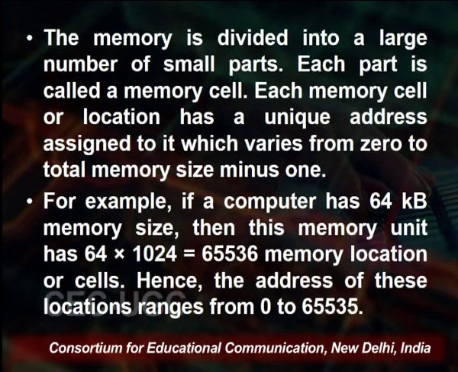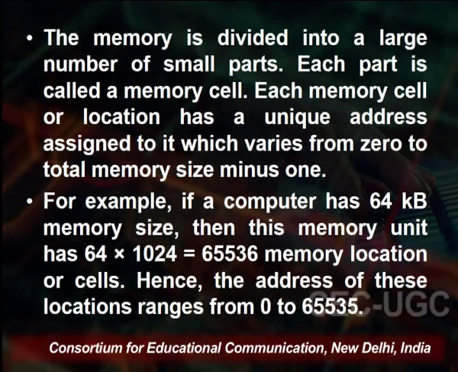For example, if a computer has a 64 kilobyte memory size, then this memory unit has 64 into 1024, multiplying by the kilobyte, which is 1024, and which is equal to 65536 memory locations or cells.